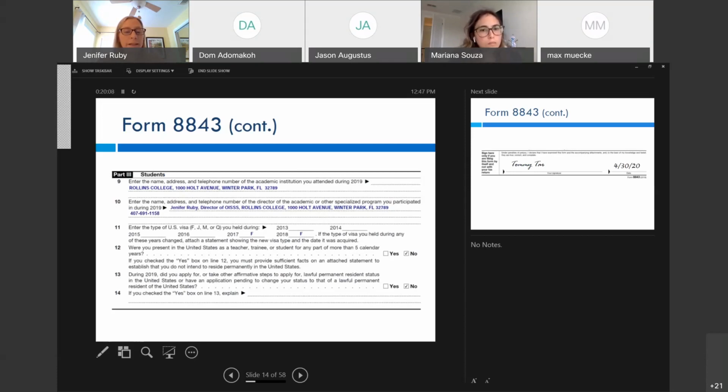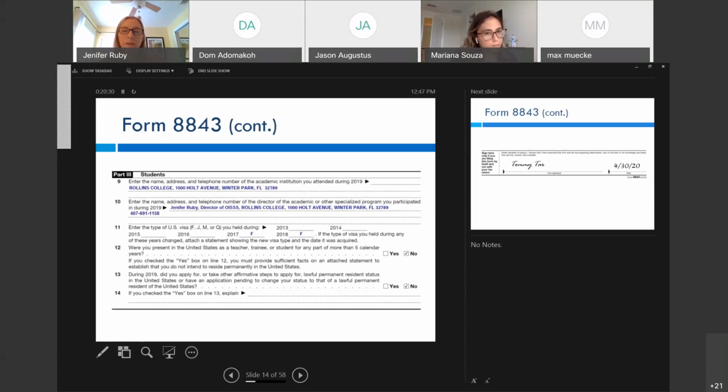And then item 13, it just asks whether or not you took any steps to apply for lawful permanent resident status or have an application pending to change your status. The question often comes up is whether or not applying for the diversity lottery counts in item 13.